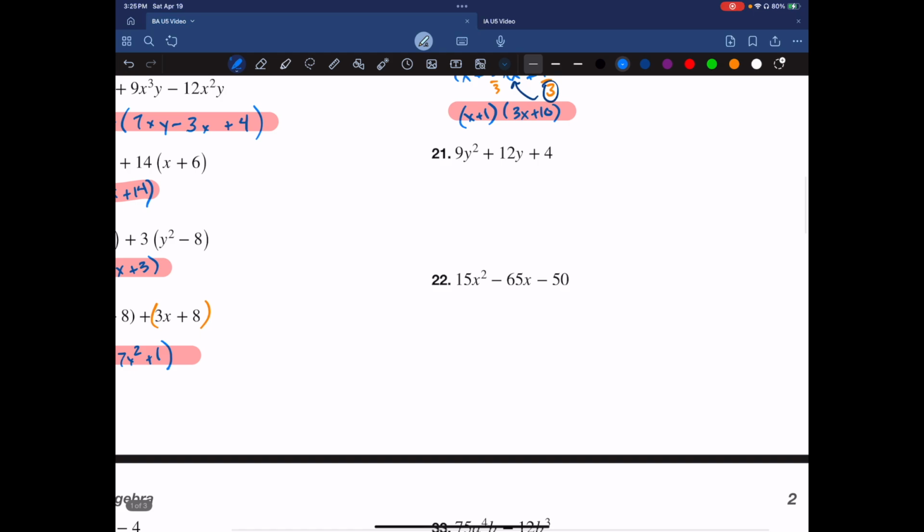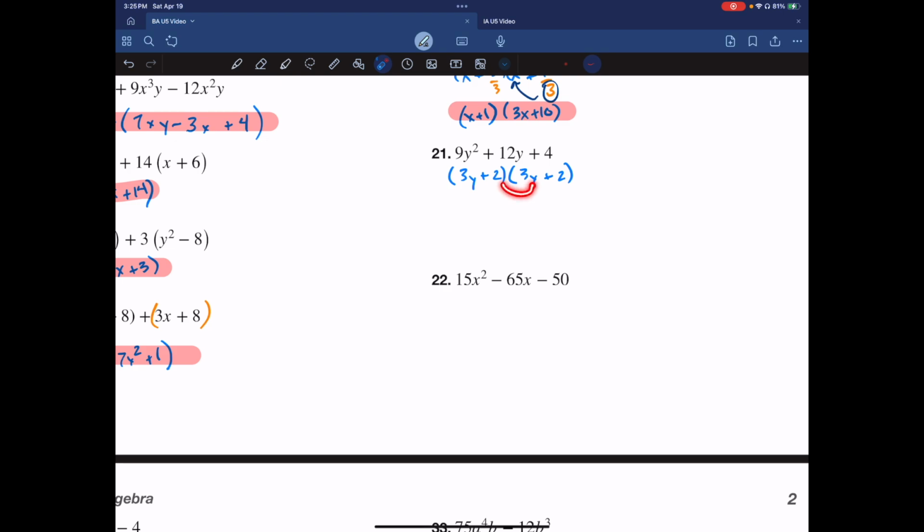Okay, now this one, on 21, you could use the AC method. But let me remind you of something. If the first term and the last term are perfect squares, something else might be in play. So let's give it a shot. Well, if I take the square root of the first one, that's going to be 3y. I'm going to put it in both. If I take the square root of the last one, that's going to be 2. And it looks like all my signs are positive. So let me double check. If this is true, then I can consolidate my answers.